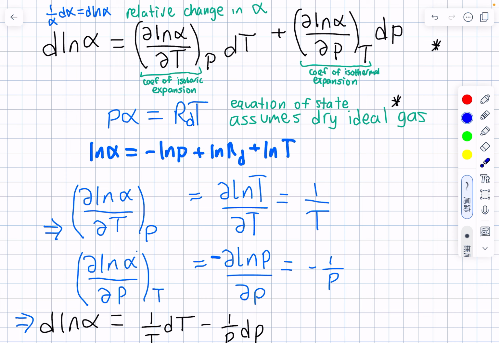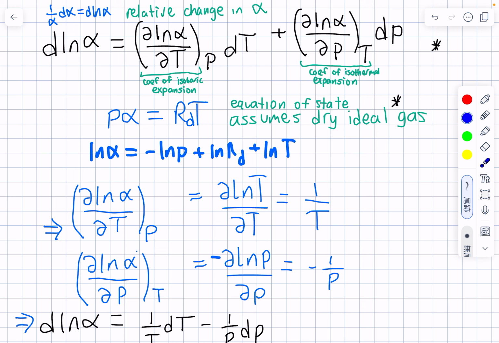So now using this, we can apply the rules of logarithm to this equation. For example, if we take ln of a times b, that would be equal to ln a plus ln b. And ln of a over b would be equal to ln a minus ln b.